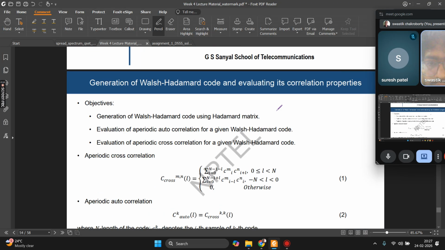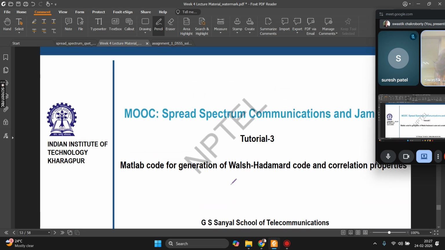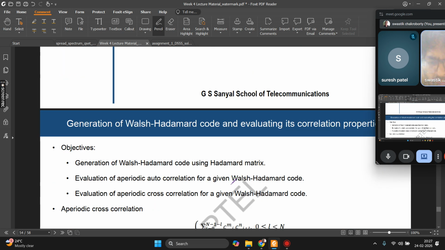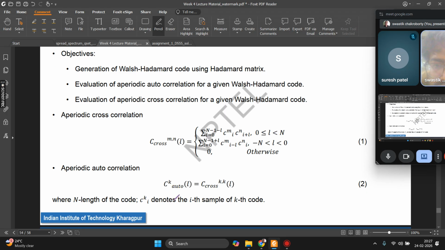Now I will go through some of the MATLAB code. In these assignments, you might have to generate Walsh-Hadamard code and study its correlation properties. You have to find the autocorrelation and the cross correlation. You take one point and another point of the same sequence in a delayed domain, i plus n or i minus L depending on whether L is positive or negative.